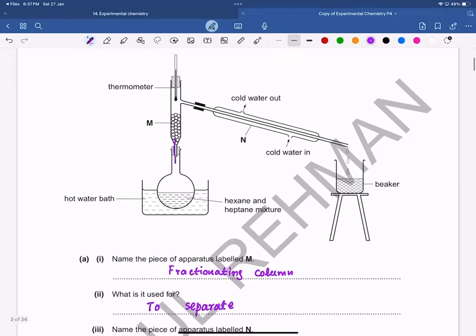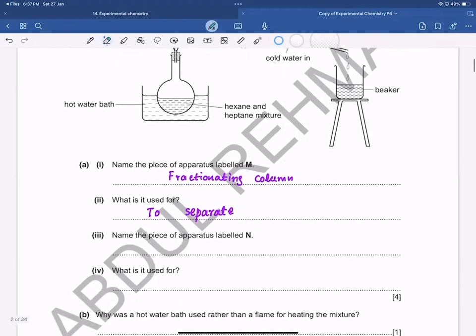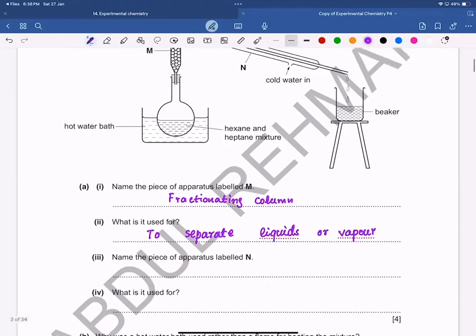What moves over there? To separate the liquids, which have a lower boiling point, or vapors, because the liquids are getting evaporated and then travel over there. So to separate, you can either write liquids or vapors.